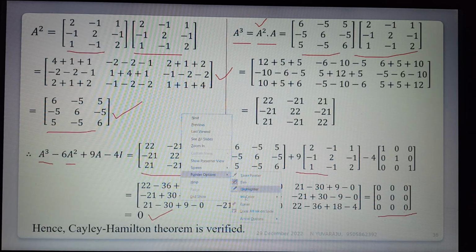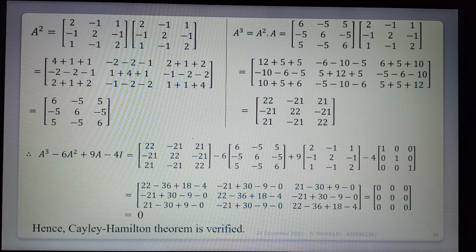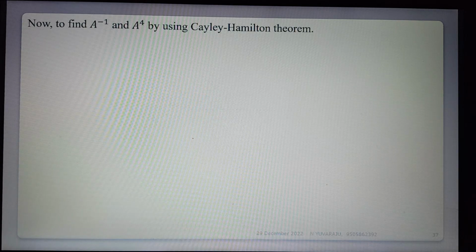Next, using the Cayley-Hamilton theorem, we have to find A inverse and A power 4. Since we know this equation is already proved by the Cayley-Hamilton theorem, okay?